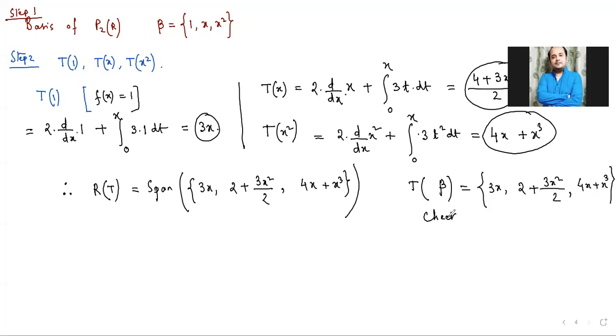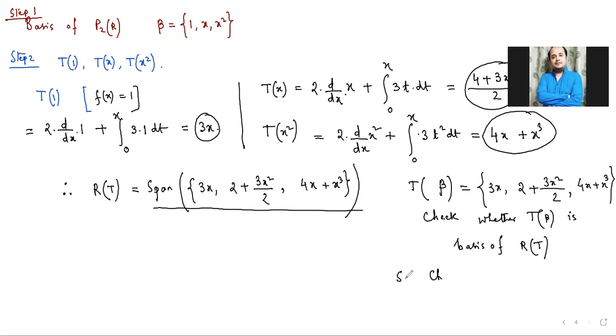Check whether T beta is a basis of RT or not. Now to be a basis, it needs to be a spanning set. It is of course a spanning set; we have already found that. We also need independence, so check whether T beta is linearly independent or not.